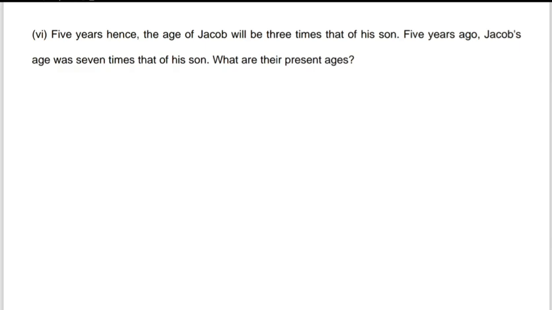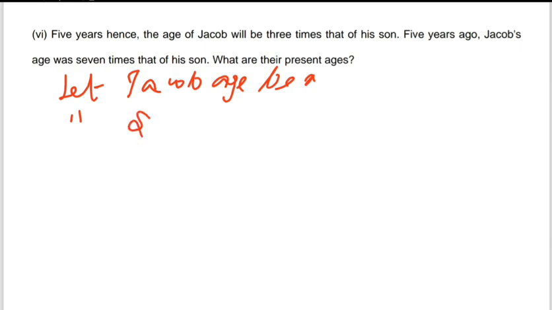So now let's assume, let Jacob's age be x, his son's age be y. So according to the question, 5 years hence, that is x plus 5.